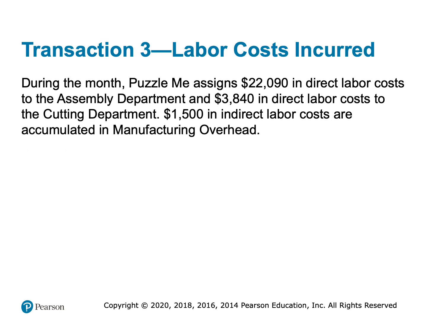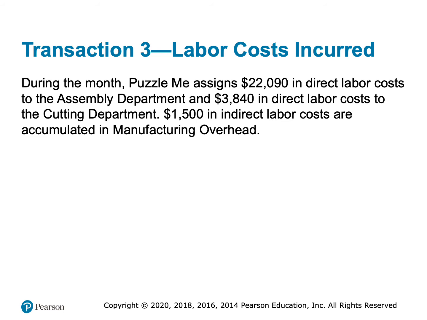Now we also have direct labor. We have 22,090 of direct labor to the assembly department, 3,840 of direct labor to the cutting department, and $1,500 of direct labor to the overhead department. So again, just like materials, direct labor goes directly to the work in process account. So I'm going to debit work in process assembly for 22,090.